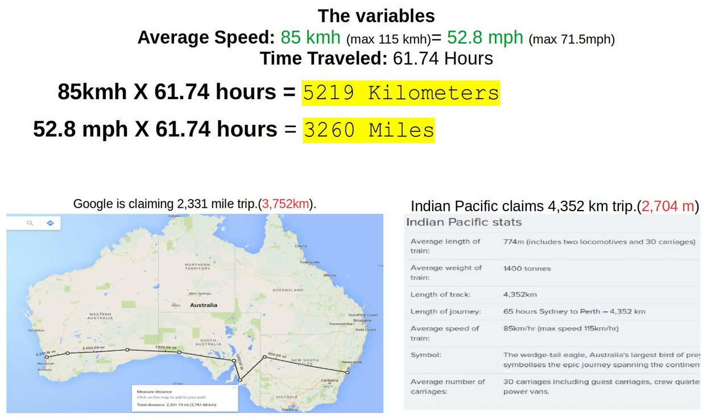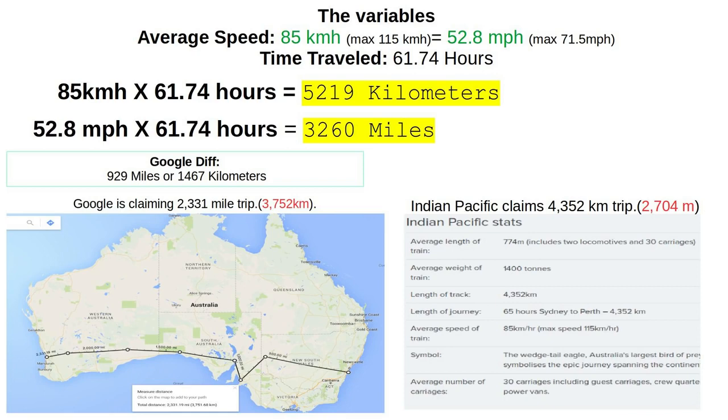So for Google, we have a difference of 929 miles or 1,467 kilometers between the calculation of speed versus time, and what Google shows on their map. And for the Indian Pacific, it comes out to 556 miles difference, or 1,467 kilometers.